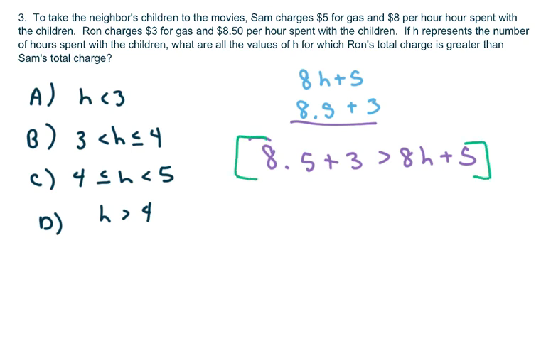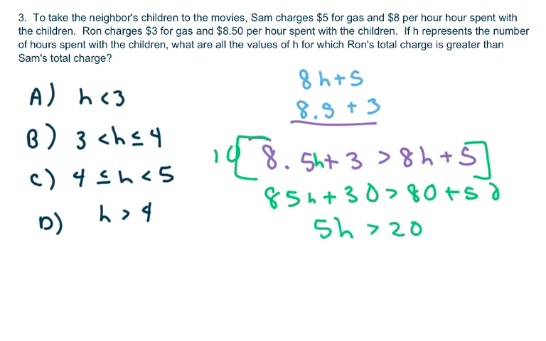So you're going to get 85H, there should have been an H here, sorry, plus 30 is greater than 80H plus 50. And then you can just reduce later on. So you get 5H is greater than 20, so H has to be greater than 4. And there's your answer right there. So anything greater than 4 is the true answer.